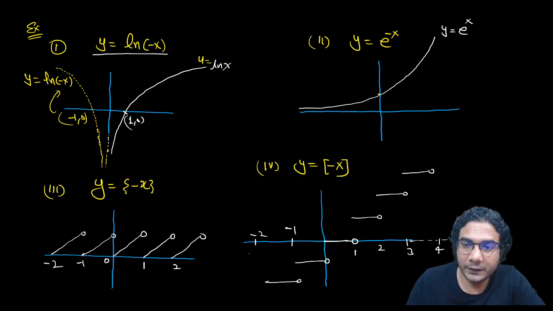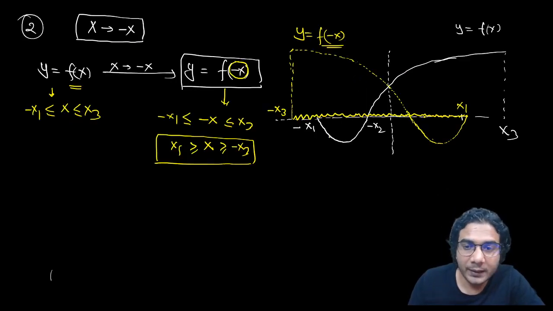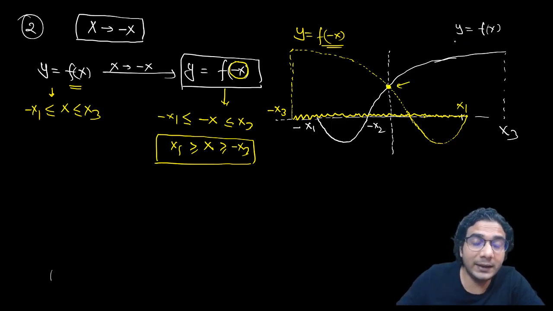Now take the reflection of this graph. This point is (0, 1). If you take the reflection about the y-axis, the reflected graph will pass through this point only. They will meet: e raised to x and e raised to minus x, or you can say f(x) and f(minus x), meet where the graph of y is equal to f(x) cuts the y-axis.